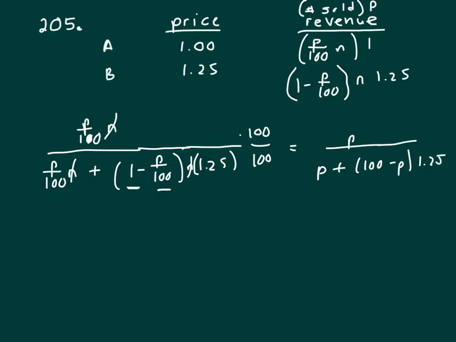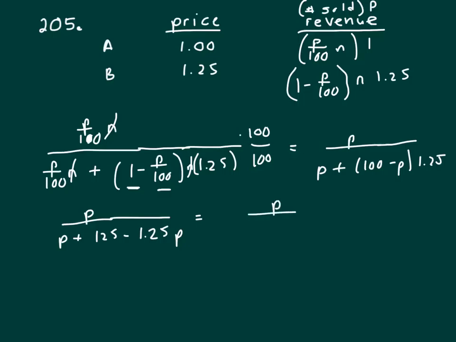So let's simplify that further. That's P over P plus, let's distribute that $1.25. So that will give you 125 minus 1.25 P. All right, and we can go ahead and combine those P's.